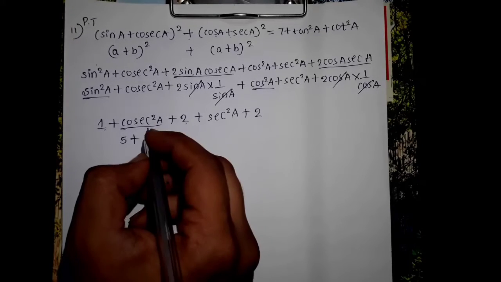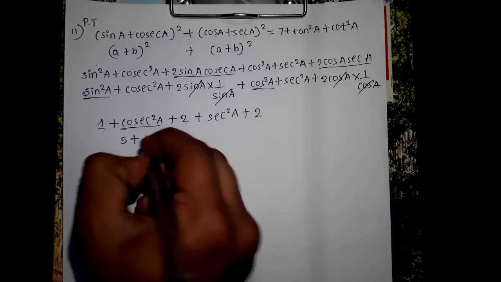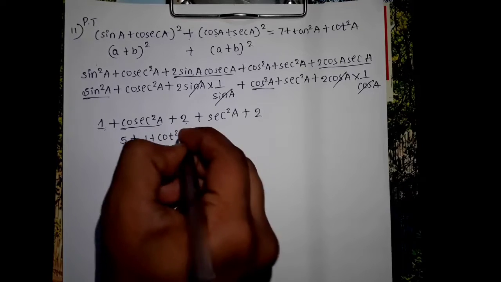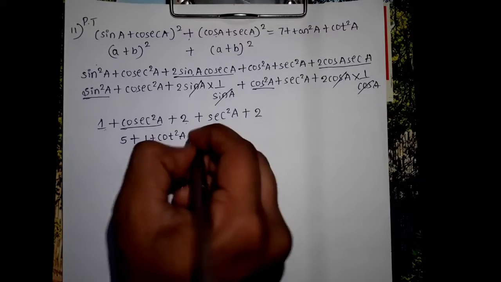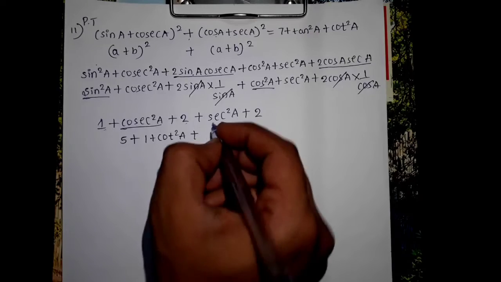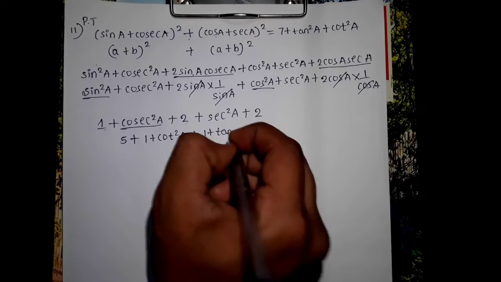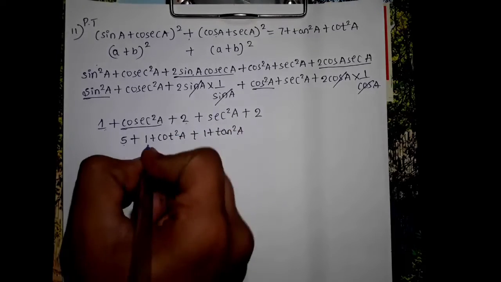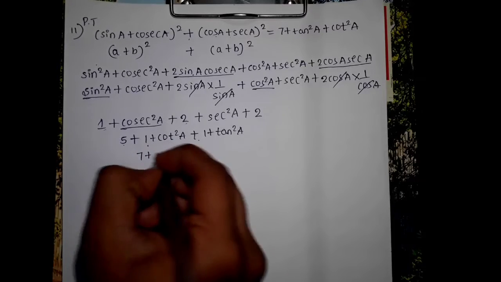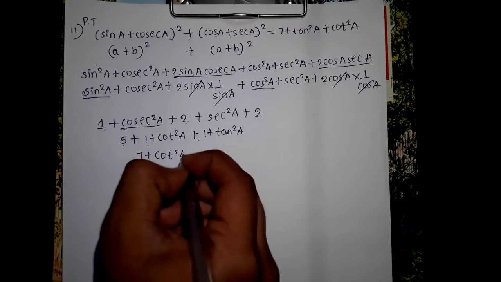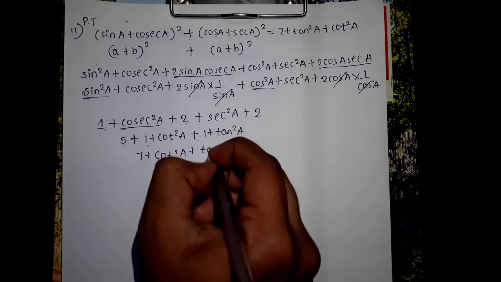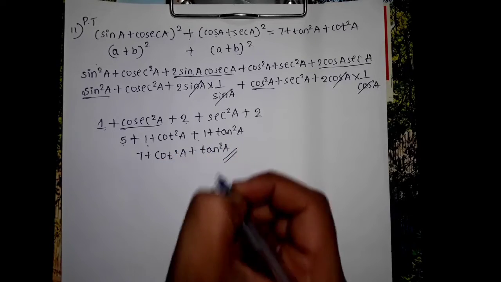What is cosec²A? It is nothing but 1 + cot²A. Remember the identities. Again sec²A can be written as 1 + tan²A. Of course 5 plus 1 is 6, 6 plus 1 is 7, 7 + cot²A + tan²A. Thus proved.